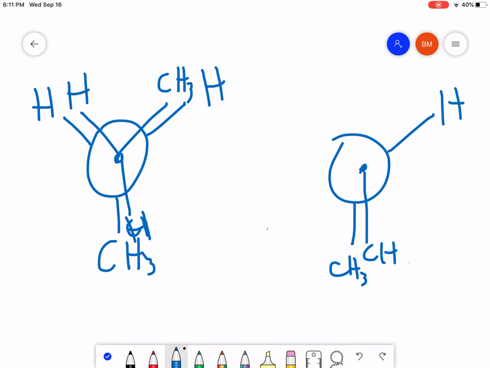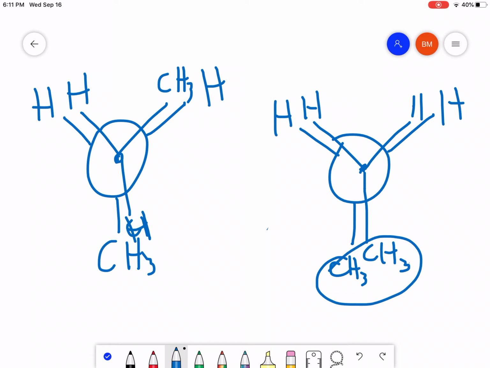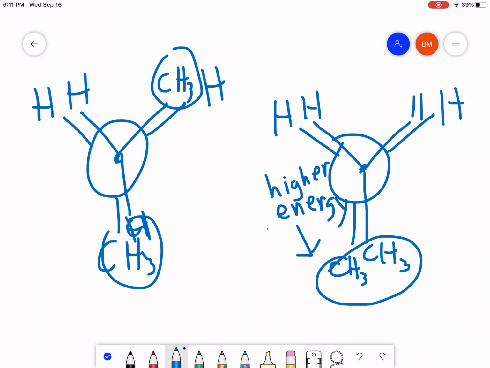In this example, the CH3s are eclipsing each other. You have two large groups that are directly in front of each other. This situation is worse off energetically, it's higher energy than this situation, right?